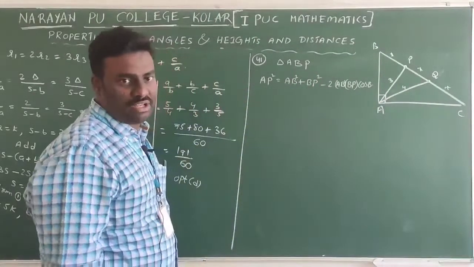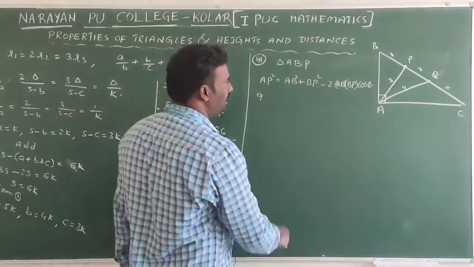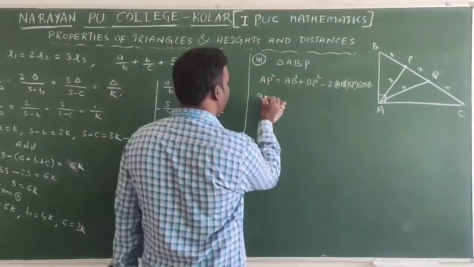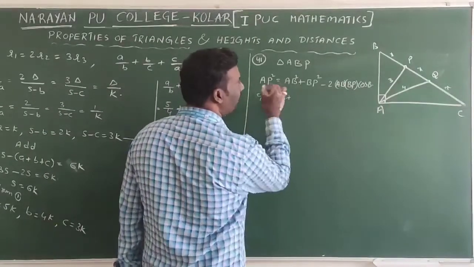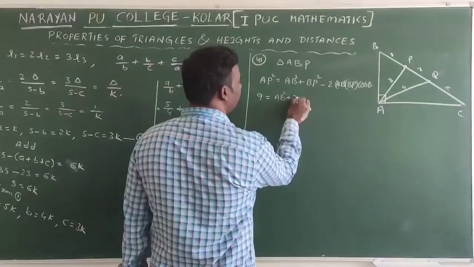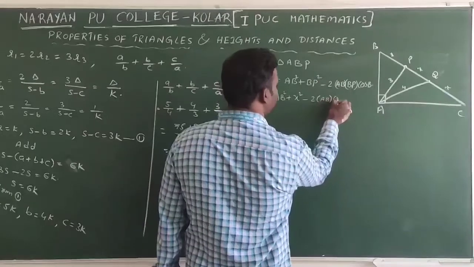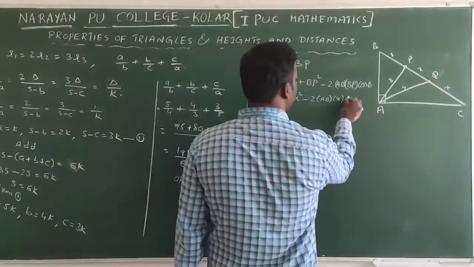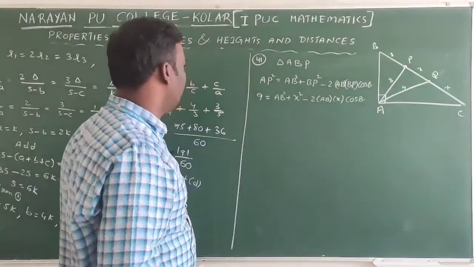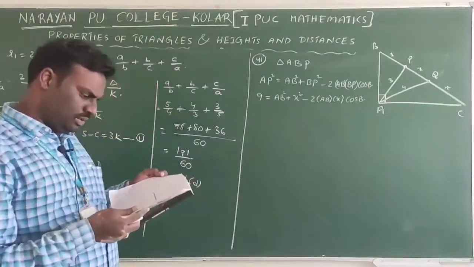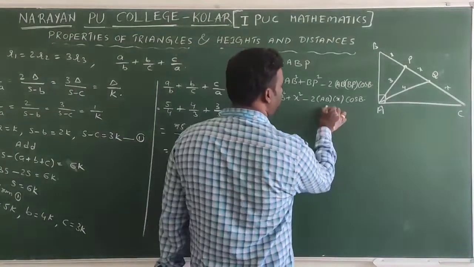Here AP value is 3, 3 square is 9. Now AB we don't know. BP is x. So 9 equals AB square plus x square minus 2 AB into x into cos B. This should be equation 1.